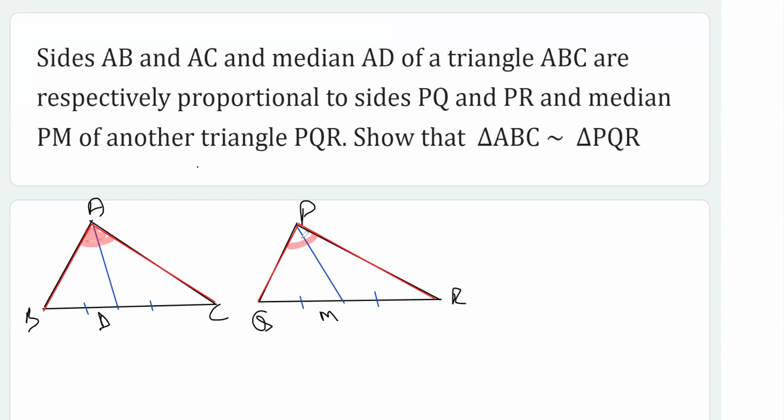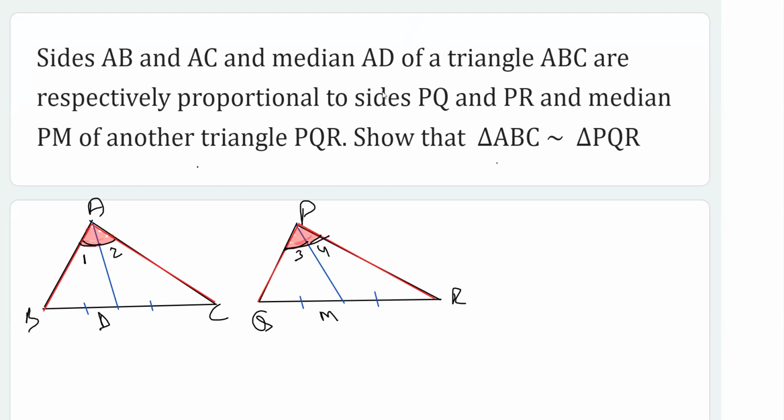If I can prove these two angles equal, we can prove the triangles similar by the property called side angle side. So I'm marking this angle as 1, this as 2, this as 3, and this as 4. We are going to prove at the end that 1 is equal to 3 and 2 is equal to 4. That way we can say that angle A is equal to angle P.